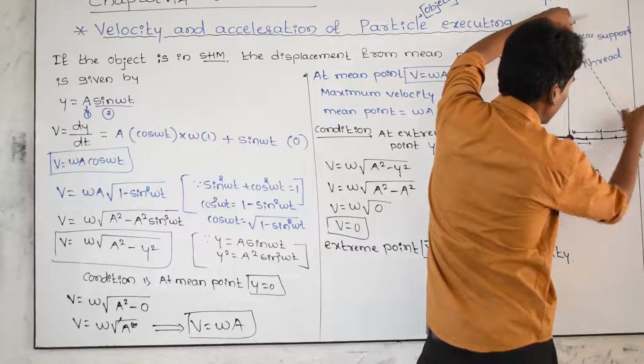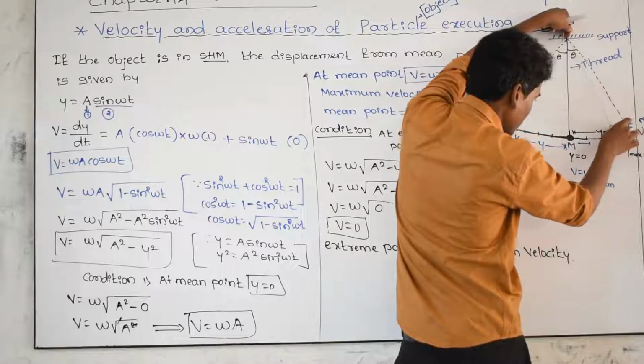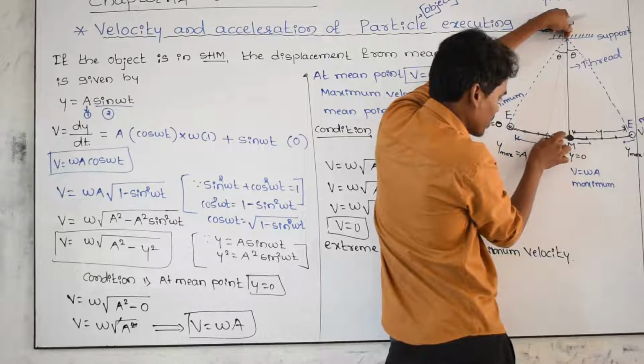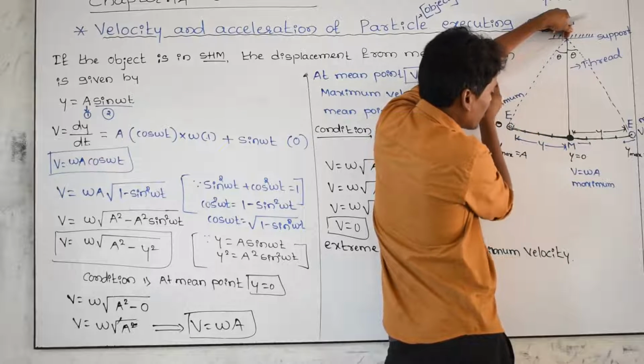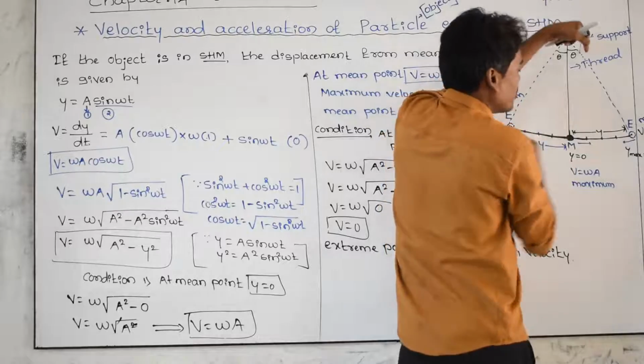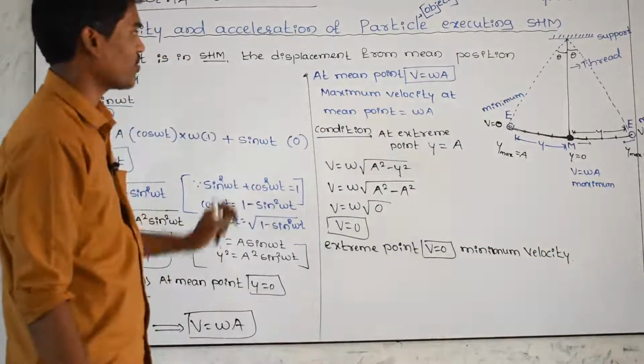Again the restoring force acts in this direction, velocity increases, is maximum here, and decreases. Because of the restoring force and acceleration, the object keeps moving, and the same goes on continuously. And this is regarding velocity.